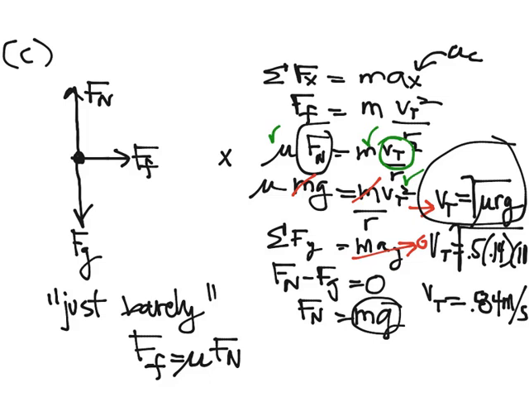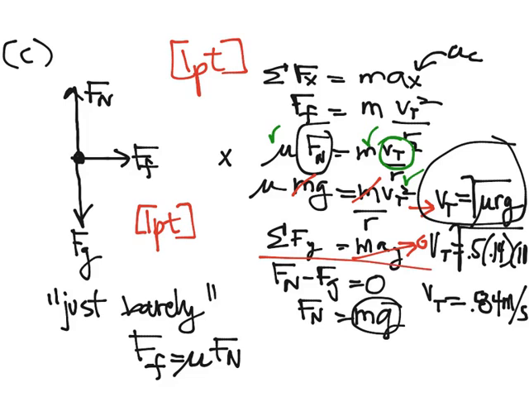For part C, give yourself 1 point for the correct force body diagram. Give yourself 1 point if you used Newton's second law at all, so sigma fx or sigma fy.